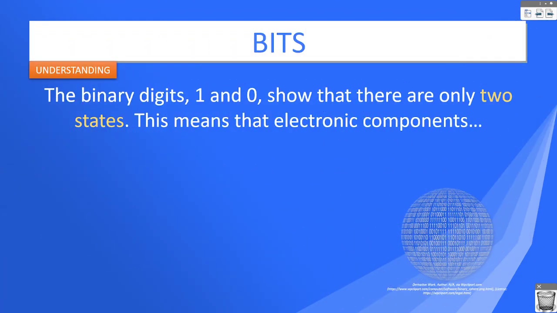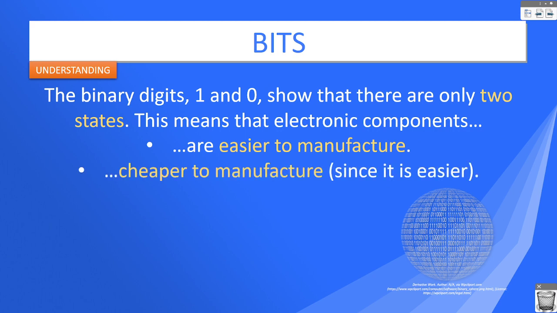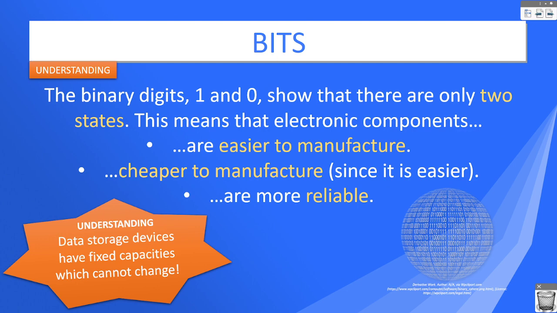Now, we know that binary digits, ones and zeros, show that there are only two states. We know that electronic computers and components are by far easier to manufacture, cheaper, and far more reliable. And we know that data storage devices have fixed capacities.